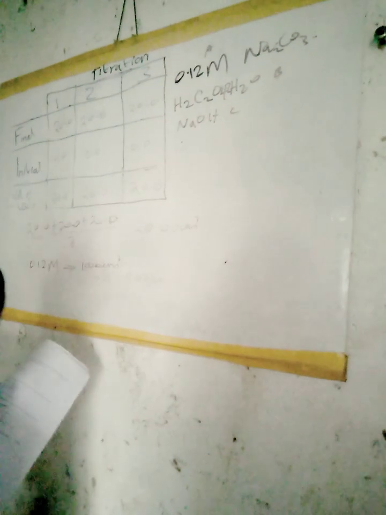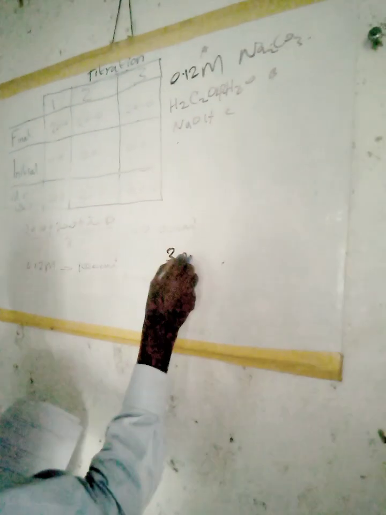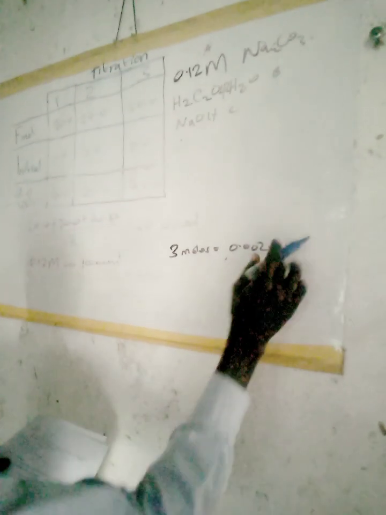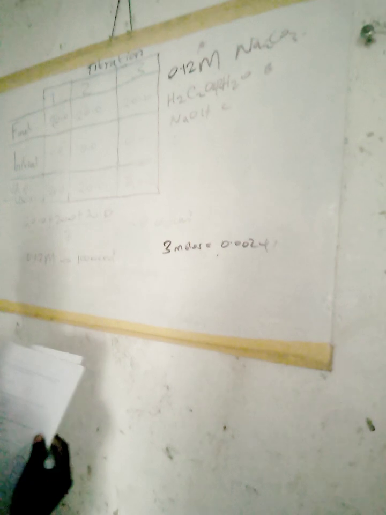So it means that 2 moles of oxalic acid react with 3 moles of sodium carbonate, keeping in mind that we have calculated the number of moles of sodium carbonate. So these 3 moles are equivalent to 0.0024 moles of sodium carbonate.